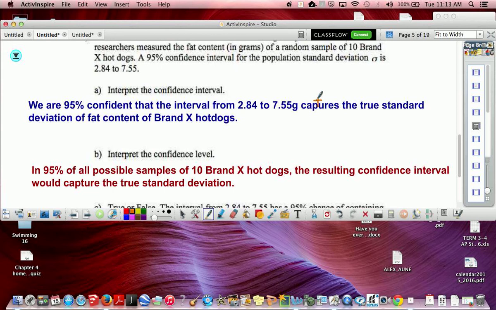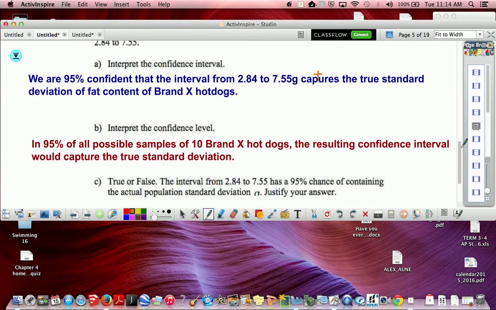So 95% of all of our confidence intervals from samples of 10 hot dogs is going to actually capture our true standard deviation.